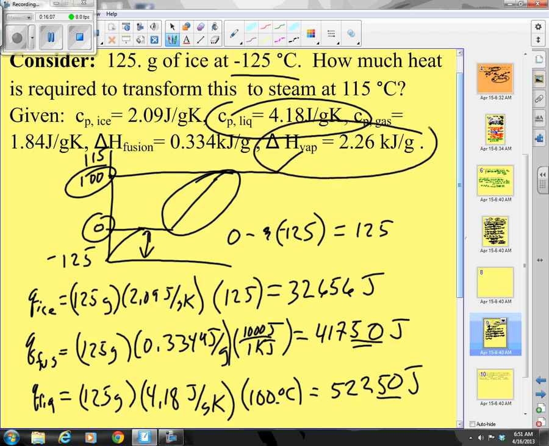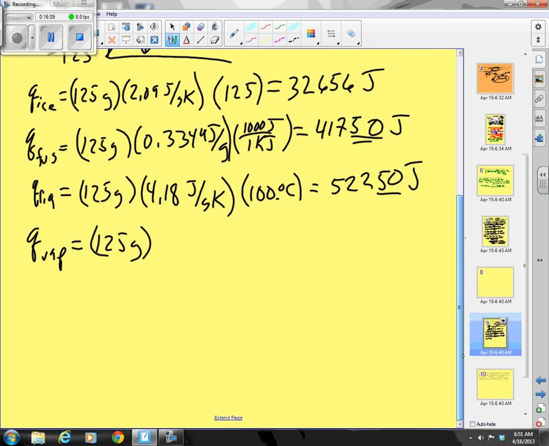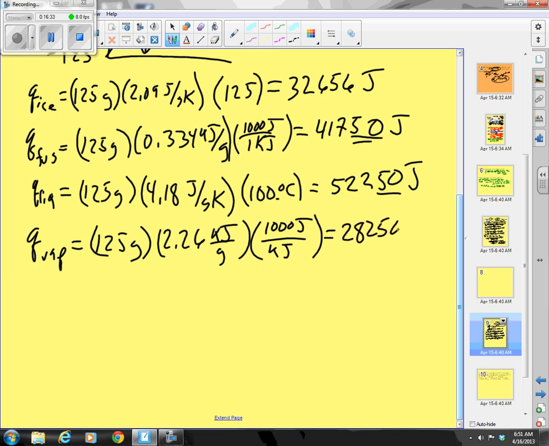There it is, 2.26 kilojoules per gram, but let's go ahead and convert that to joules right now. 125 times 2.26 times 1,000, and I get 28250 joules. 3 sig figs: 1, 2, 3. So that's not a sig fig there.